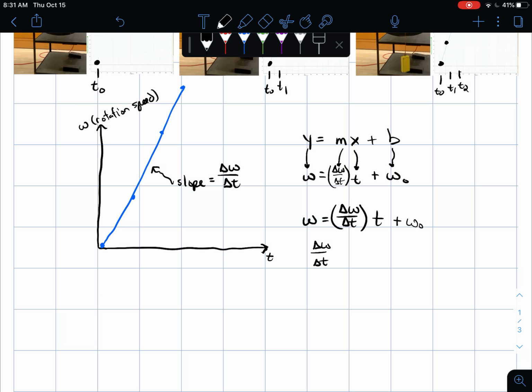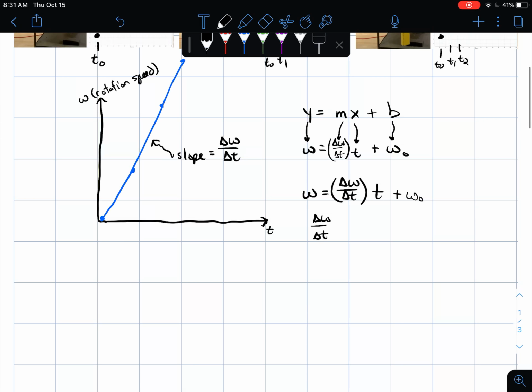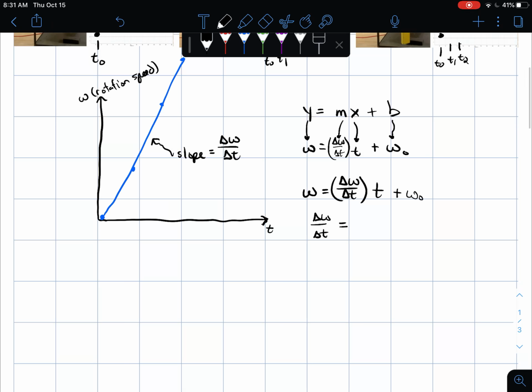And we saw this before, very beginning of the semester, when we talked about a change in speed with respect to time, we talked about delta v over delta t. We called that the acceleration. Well, we have the exact same thing here, but rather than being the regular acceleration a, here we're talking about something going around in a circle. And so this is going to be the change in angular speed with respect to time is what we're going to call alpha. And this is the angular acceleration.